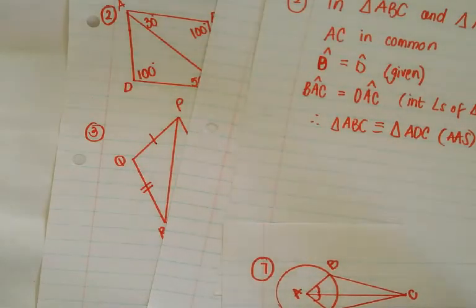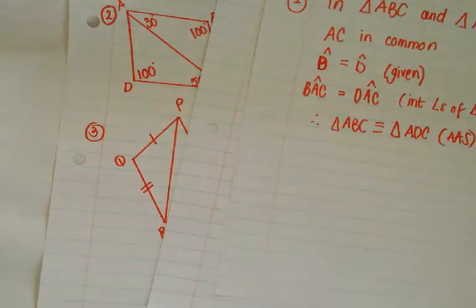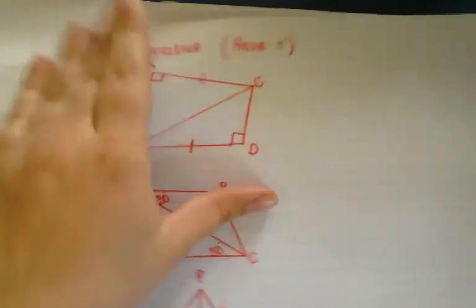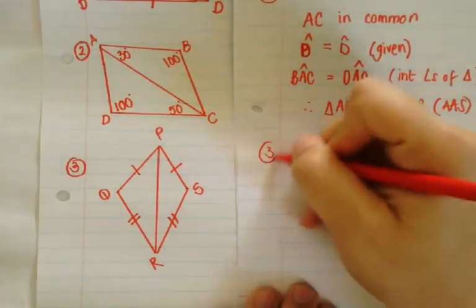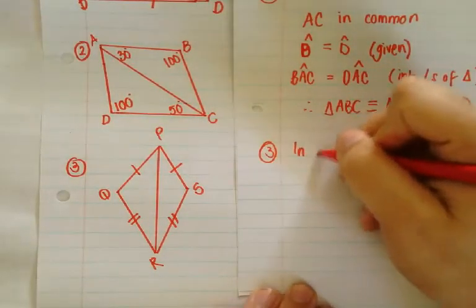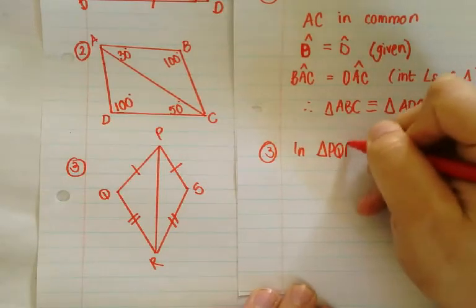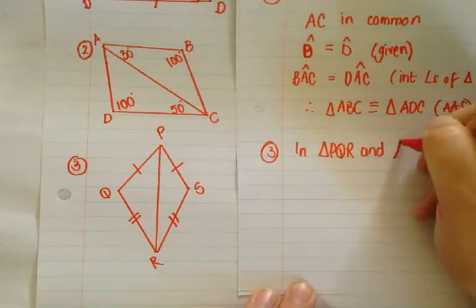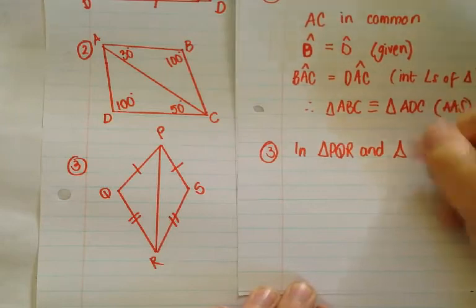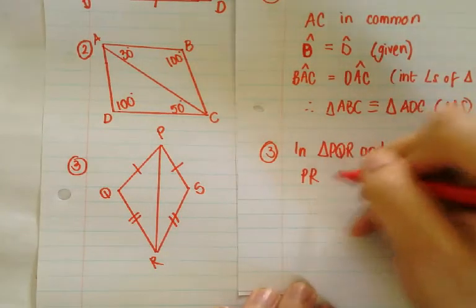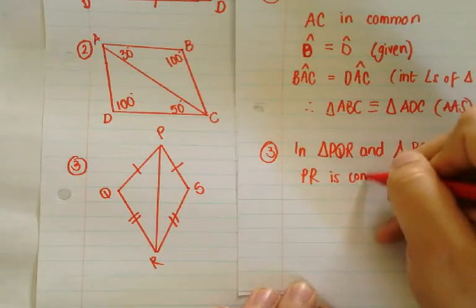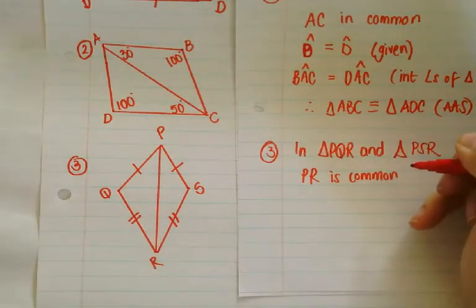Are we done with number 3? Yeah. Okay. Number 3. In triangle PQR and triangle PSR, we have PR common.